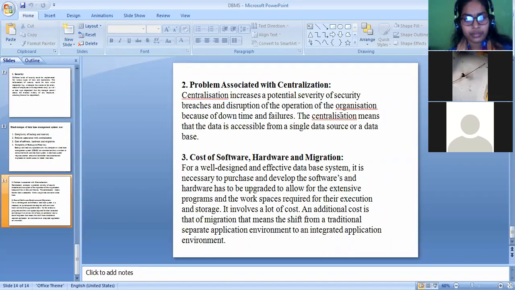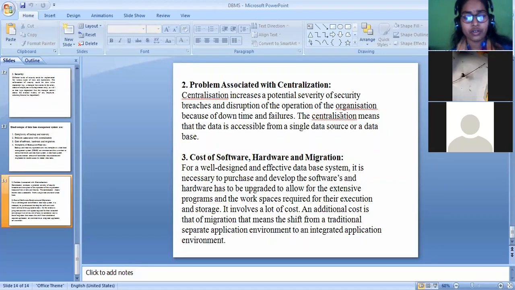Users can see only the product details or shop on that website. We cannot handle how to launch a product on that website. So that is the problem associated with centralization.